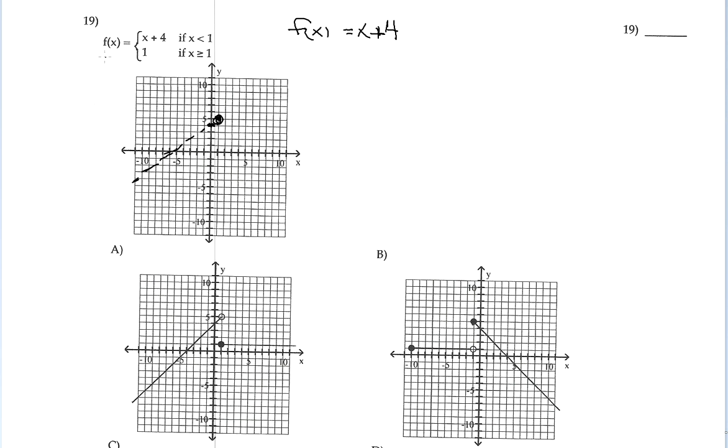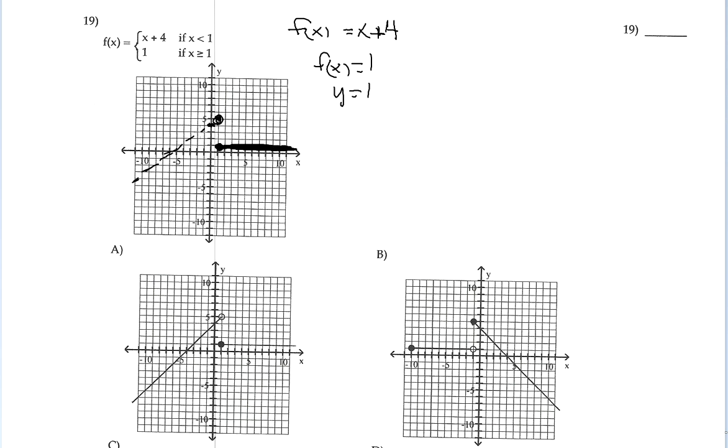On the other hand, f of x equals 1. This is like y equals 1, so it's a horizontal line where x is greater than or equal to 1. So at 1, it's a horizontal line, and I can use a solid line for that. So that'll go this way here. And this would be a closed circle.